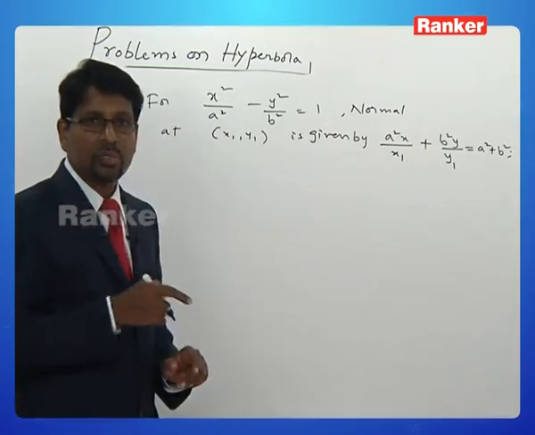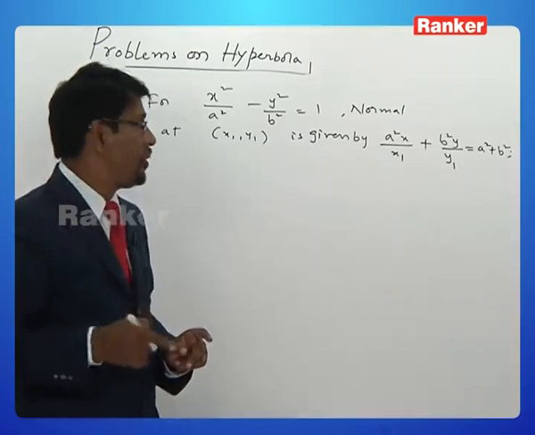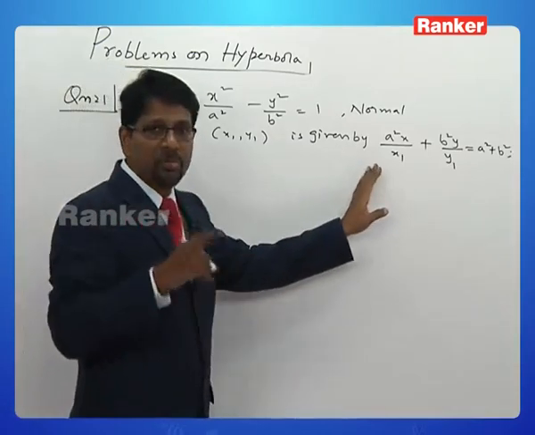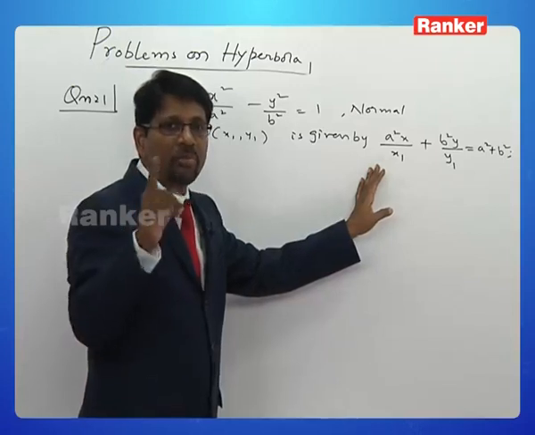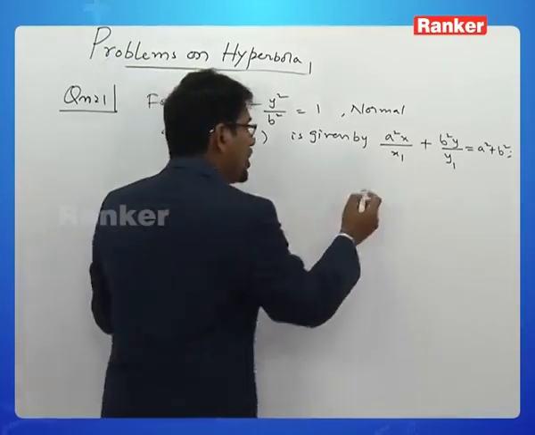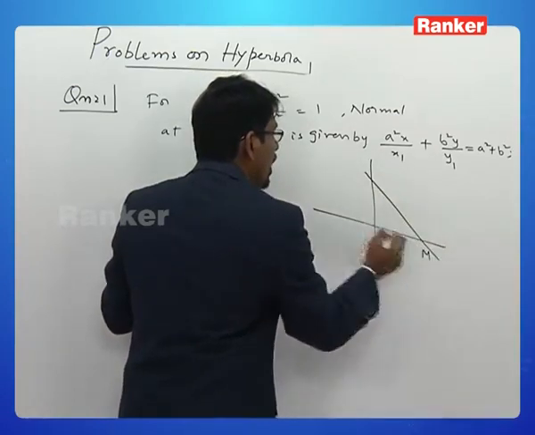He says that this normal is meeting the axis at capital M and capital N. So the x-intercept will be obtained at the point M and the y-intercept will be made at the point N. So this must have been some normal. It's meeting the axis at M and capital N.